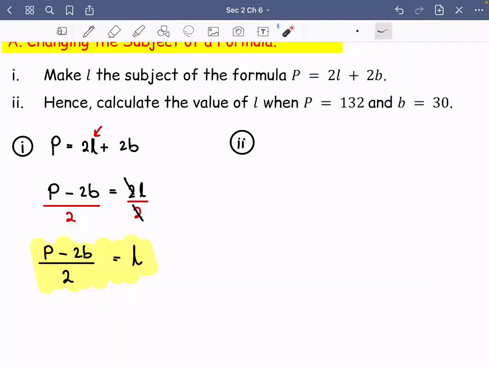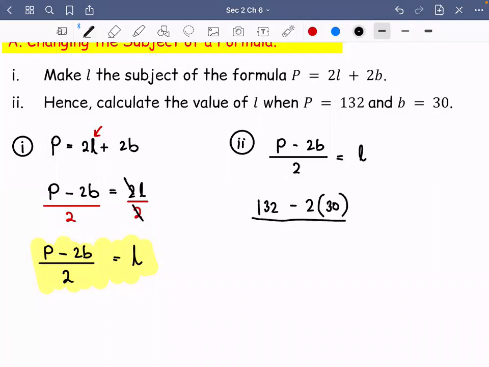P minus 2B divided by 2 equals L. You just substitute the given variables. So P is 132 minus 2 times B, which is 30, then divided by 2 equals the length.